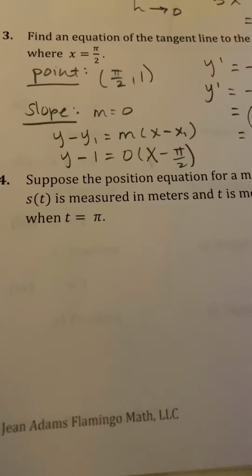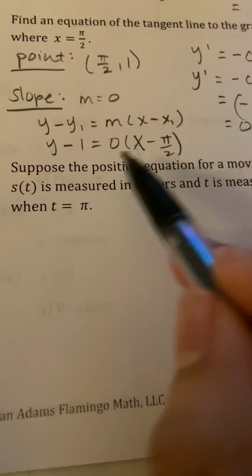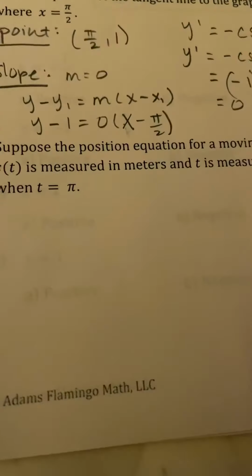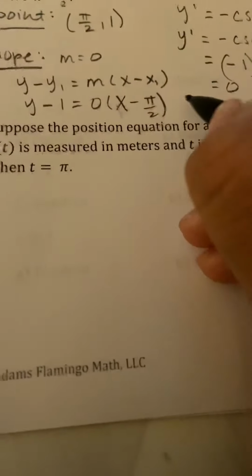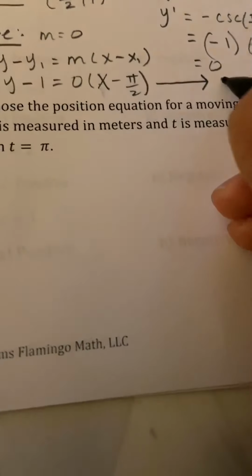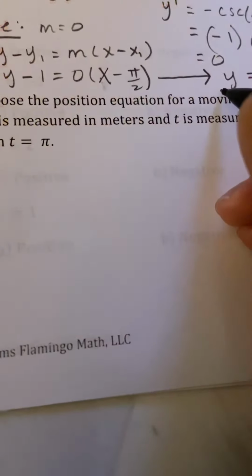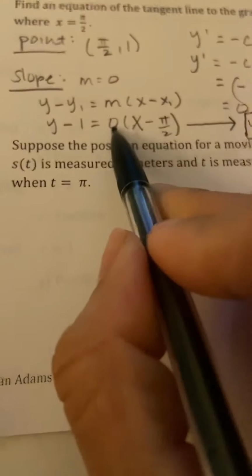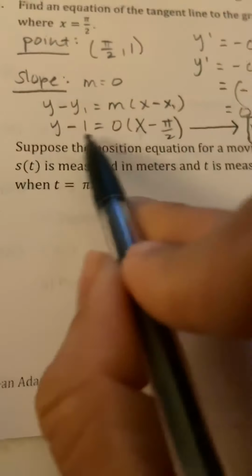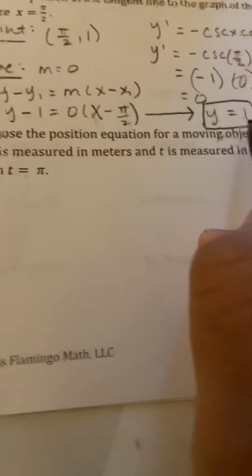Well, on the test it's never going to be written that way because of that 0 there. So you guys see how if I distribute my 0 here, all of this is going to come down to 0. So this will be my final answer, y equals positive 1. Because all of this side will be equal to 0, and if I move over the 1, it'll become positive.